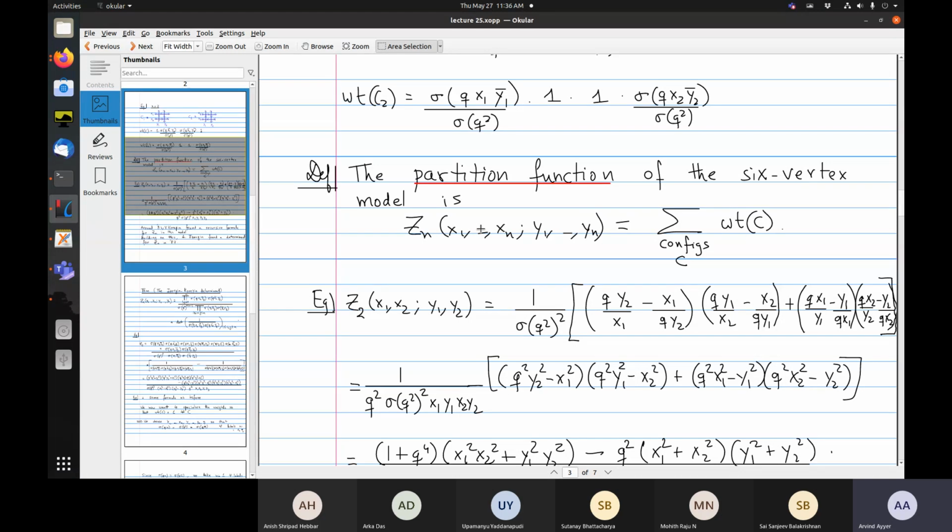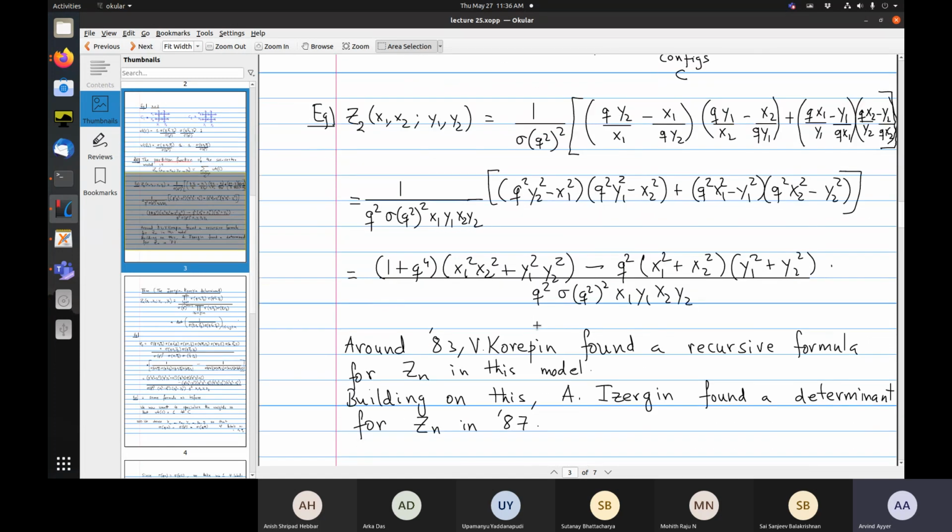What we want to do now is to prove the Izergin-Korepin determinant formula.